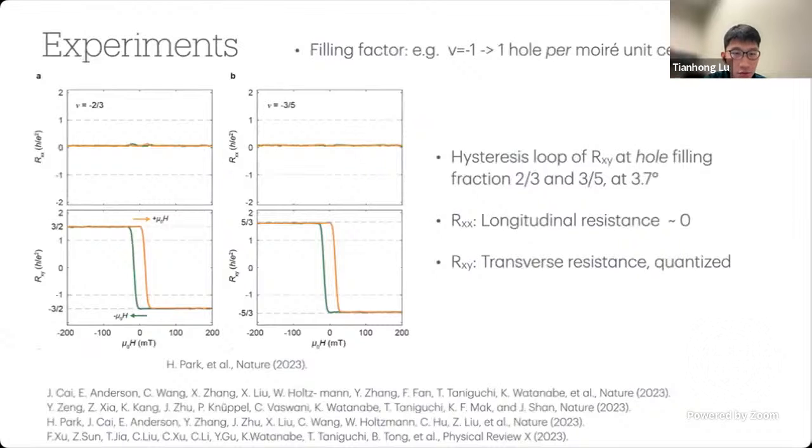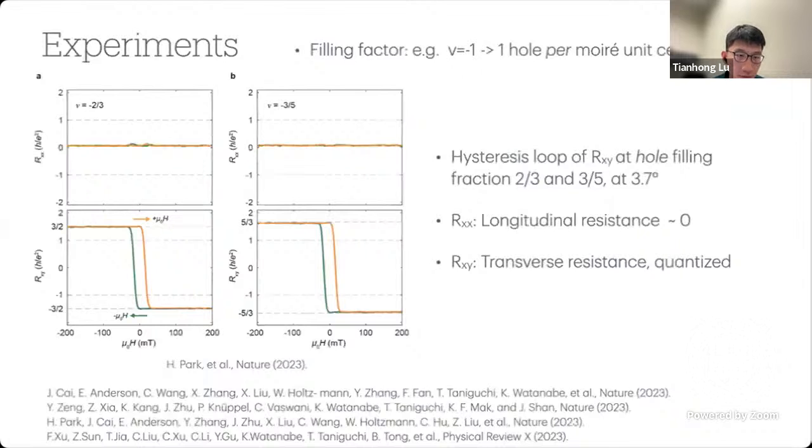The second row of the figure also shows a hysteresis loop of the transverse resistance. FCI doesn't require an external field, but with the help of a small probing field, you can flip the direction that spin wants to align with.